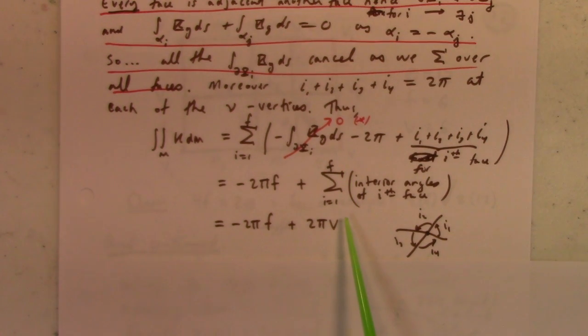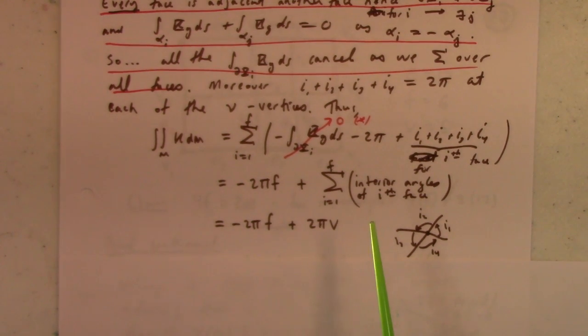And v, what is v again? V is the number of vertices. Curses. Why is that v?